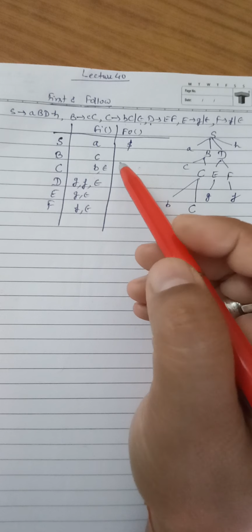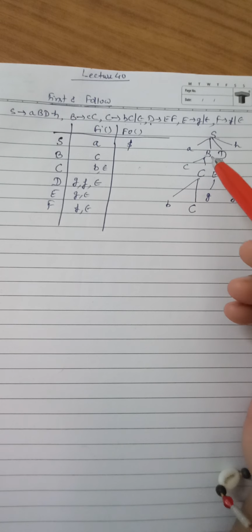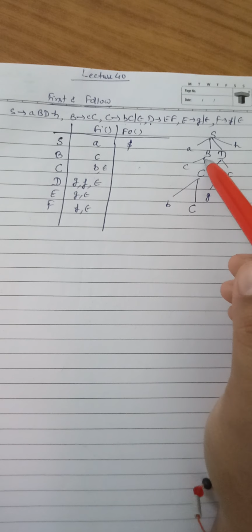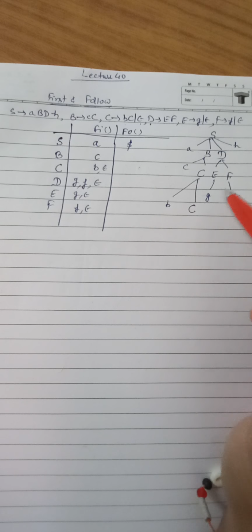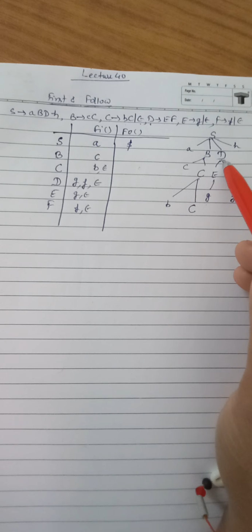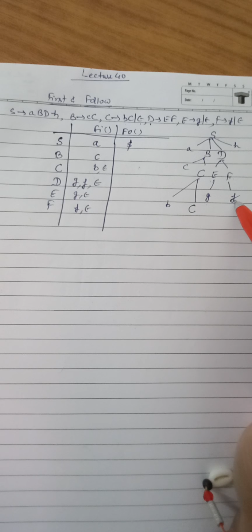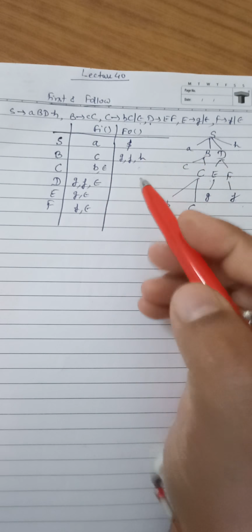After that we will see the follow of B. The follow of B depends upon D, and D depends upon E and F. So we will get G, F and H, because follow of B depends upon first of D. The first of D depends upon first of E and first of F, and because first of E has epsilon, we have to see F also. So G, F and H will be the follow.